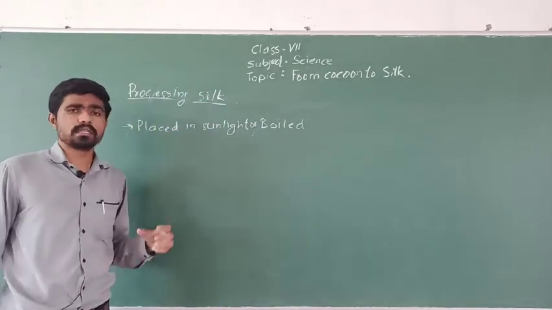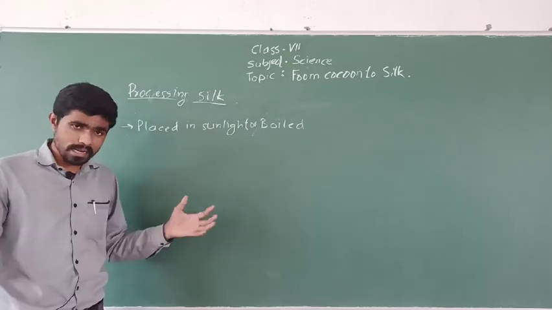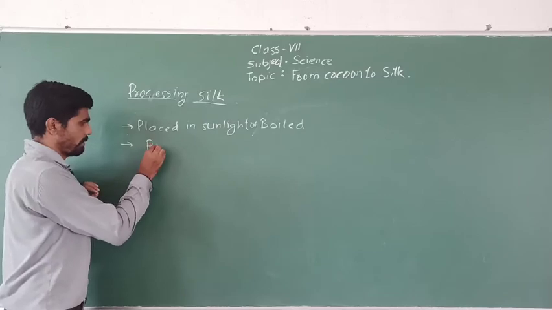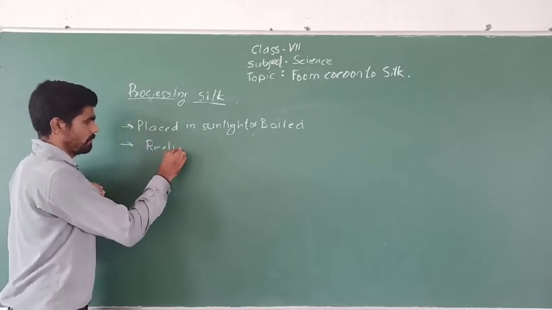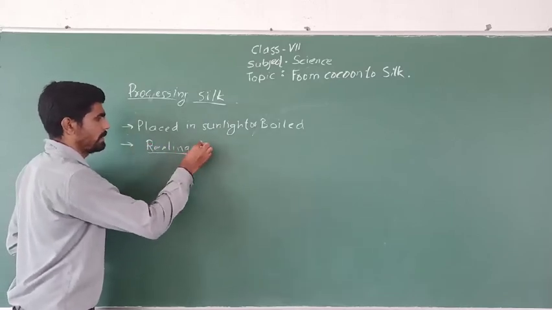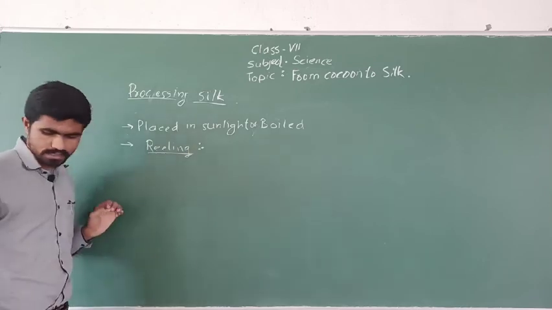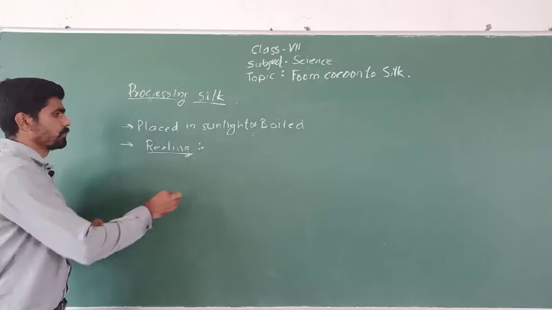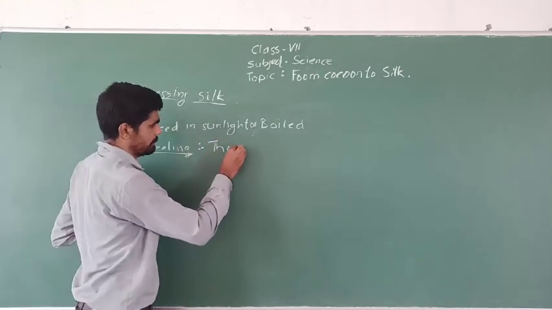Now the cocoon is there, and the farmer will collect the cocoons and then start the process of reeling. Reeling of silk. What do you mean by reeling of the silk?